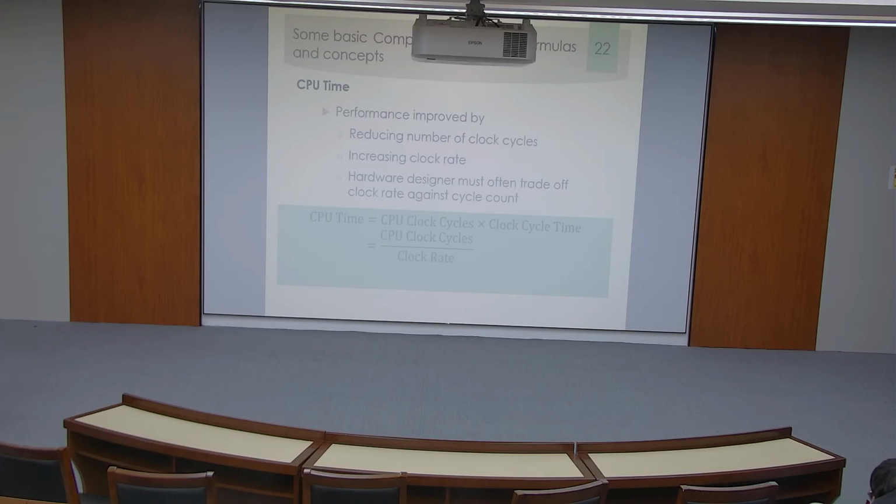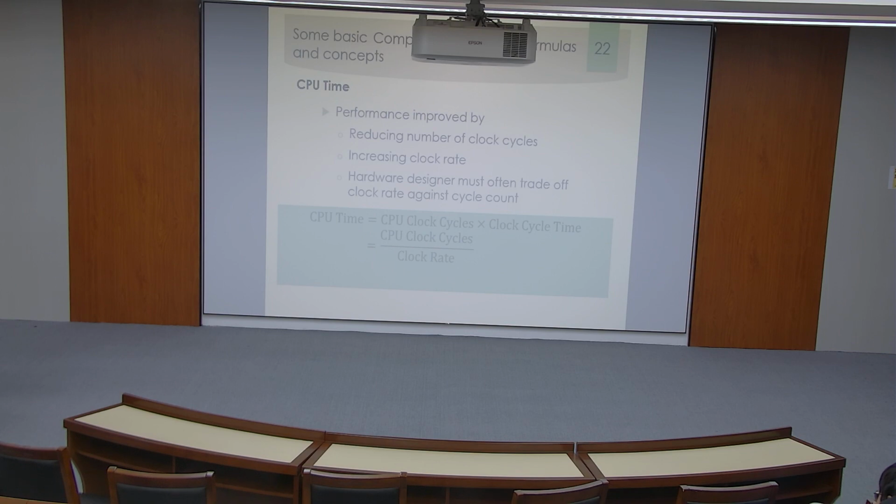Considering computer performance, CPU time is very important because we always want our computer task to be done in less time. So performance can be improved, one, by decreasing the CPU clock cycles so that our task can be done in fewer cycles, or by increasing the CPU clock rate.